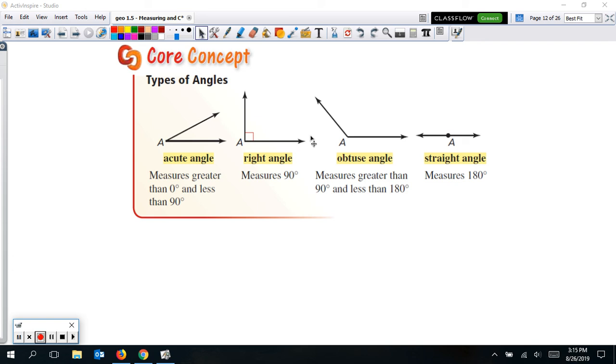As soon as it becomes more than 90 degrees, between 90 and 180, greater than 90 and less than 180, that's going to be called obtuse. And when it's exactly 180, we call it a straight angle. So a couple exact ones there: exactly 90 is right, exactly 180 is straight. But then there's a range. Acute is everything greater than 0 and less than 90. Obtuse is everything greater than 90 and less than 180.